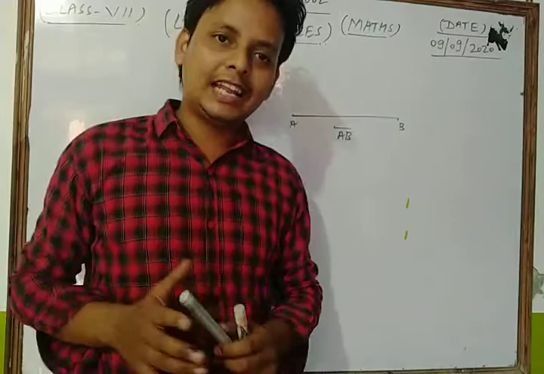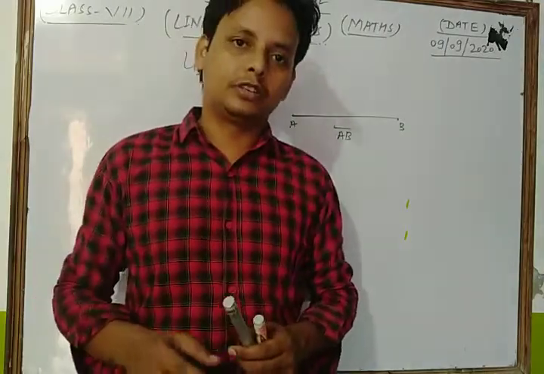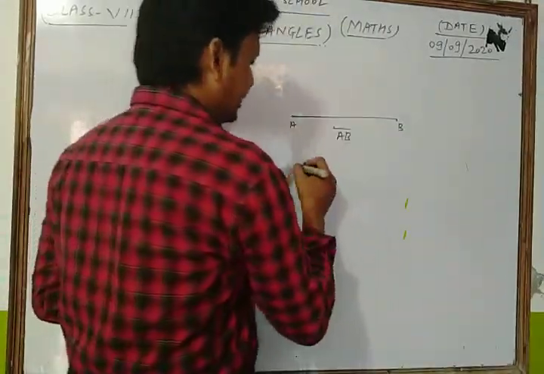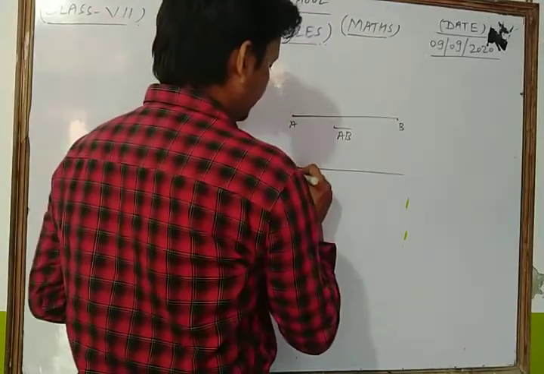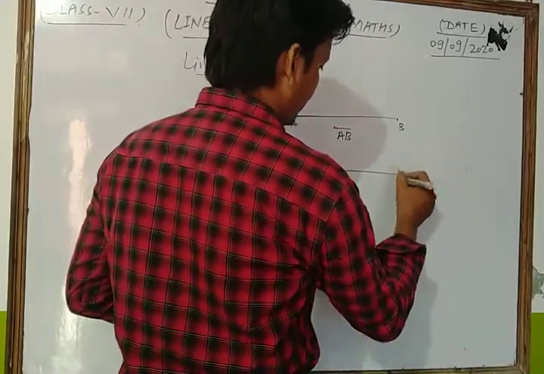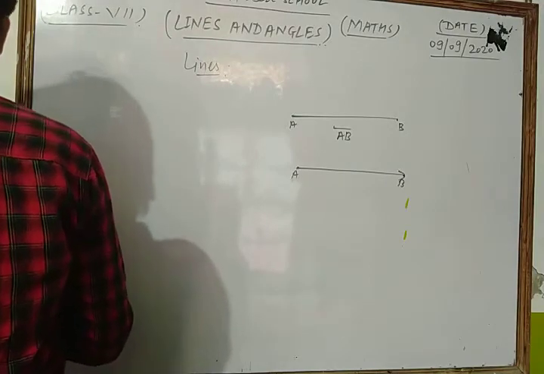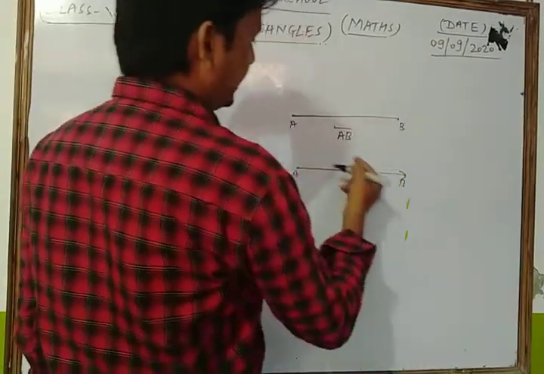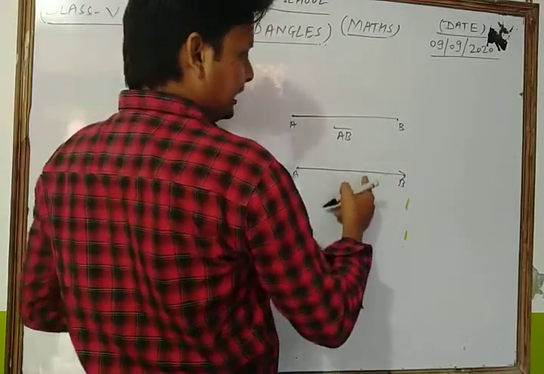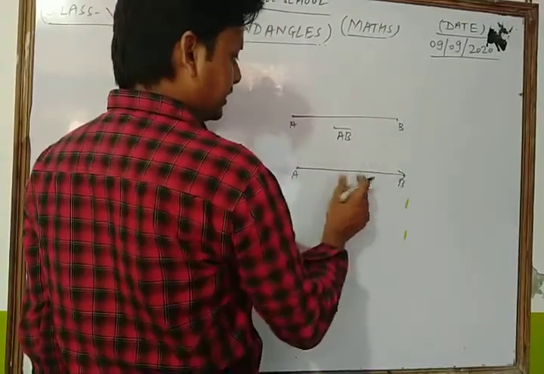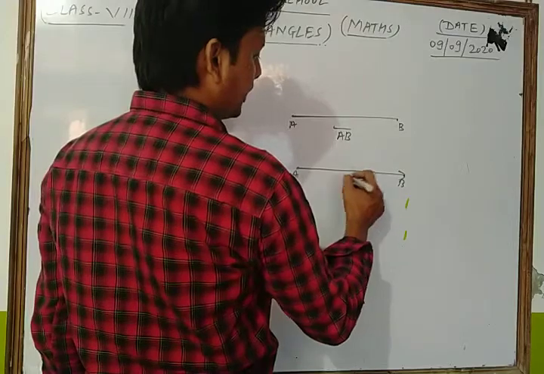If a line segment is extended in one direction, and we represent it in this way, A, B, it means that the line segment extends in one direction, and then it is said to be a ray. This is a ray, and it is denoted in this way.